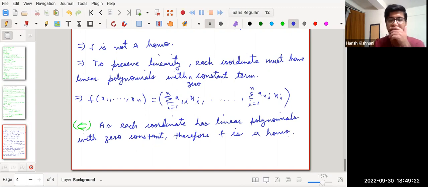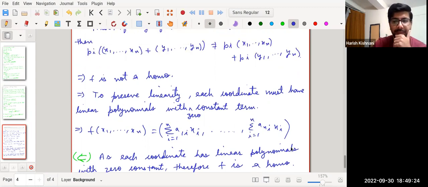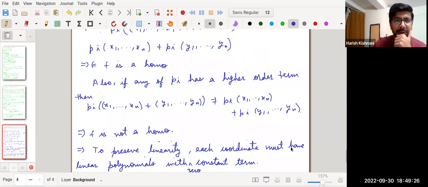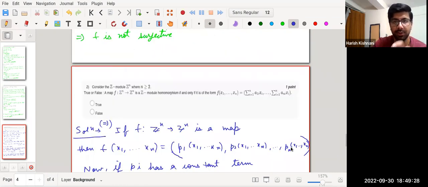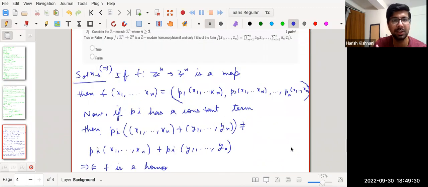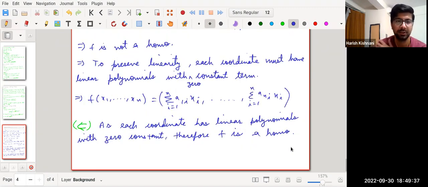So you have that each coordinate function is a linear polynomial with zero constant, so it's going to be a homomorphism because it will respect the linearity, and thus the statement is true.